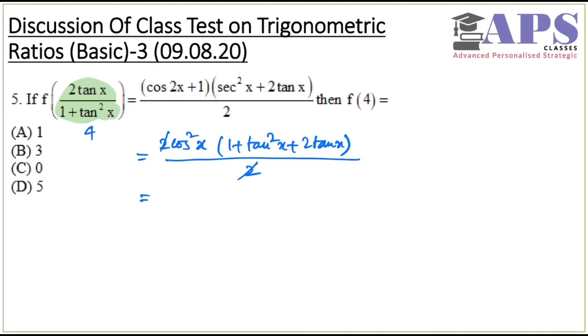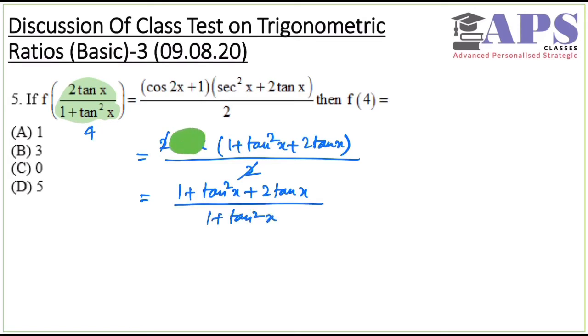2 is cancelled, so that's cos square into, inside that I have 1 plus tan x whole square, and this cos square comes to the denominator and it becomes sec square, which can be written as 1 plus tan square. It is this cos square which is coming in the denominator as sec square, and it is becoming 1 plus tan square.